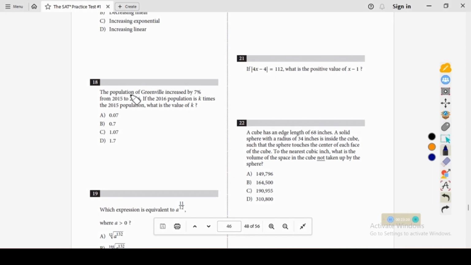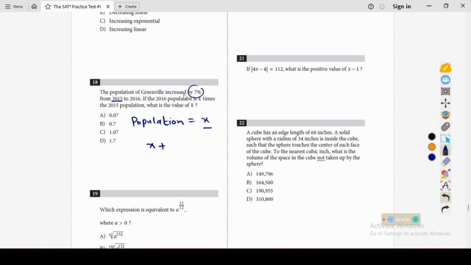In question number 18, the population of Greenville increased by 7% from 2015 to 2016. If the 2016 population is k times the 2015 population, what is the value of k? Let the population in 2015 be x. Then the population in 2016 will be x plus 7% of x.